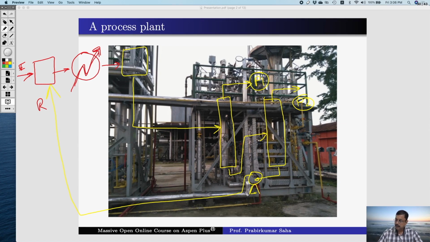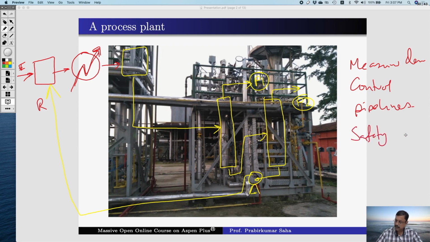Now, in addition to this main equipment, there are plenty of other ancillary equipments and devices such as measuring devices, control system units, various pipelines, safety devices and alarms, and mechanical structure as well which are necessary to build these process units.